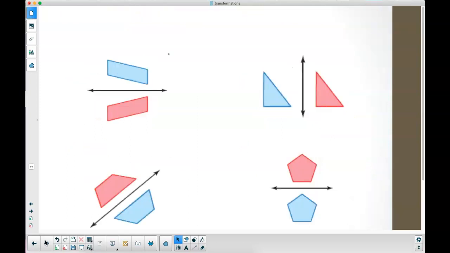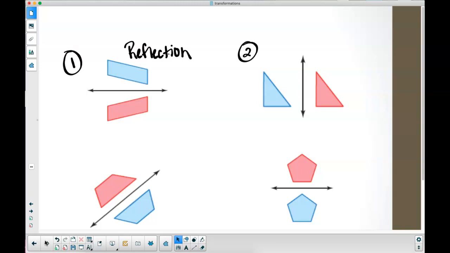All right. How about this one? We'll call this one number one. What is that? Caleb. That is a reflection. Okay, let's go to this one, number two.